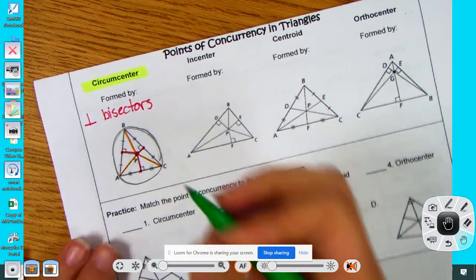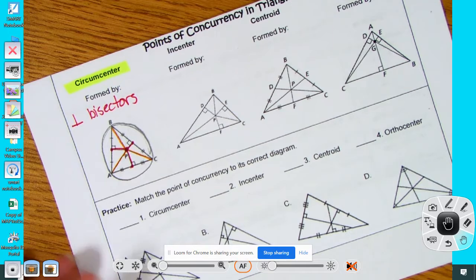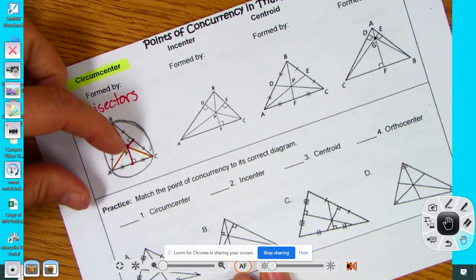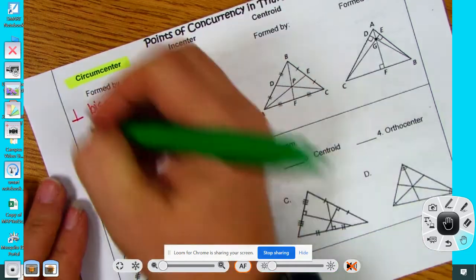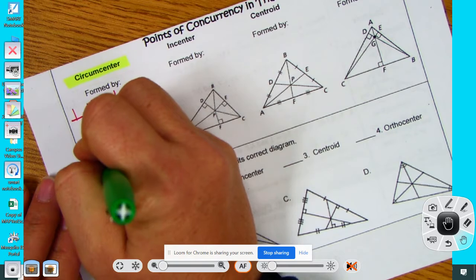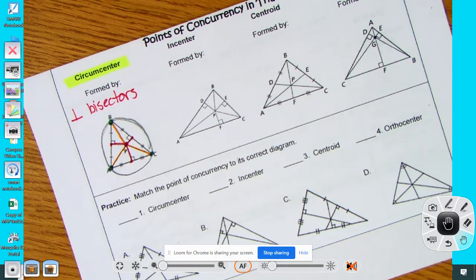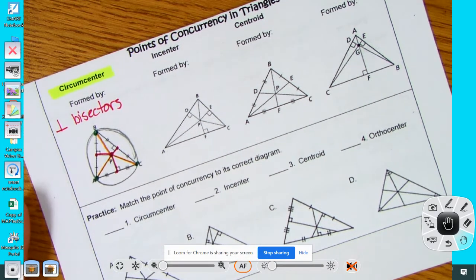So all of these yellow lines are equal to each other because they're the radius. That's the radius, that's the radius, and that's the radius. They just so happen to go through the corners of your triangle. There's a special property, and we will get to that in a minute. I'm pointing out all the stuff right now.